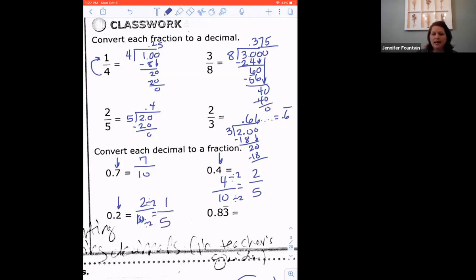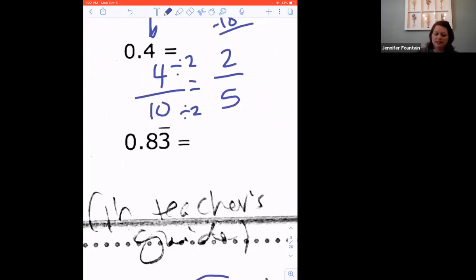All righty, now we've got decimal 0.83 repeating, okay? So this one is not as easy just to be able to say what it is, because I've got that repeating decimal. I can't say it's just 83 over 100 because of that repeating decimal.